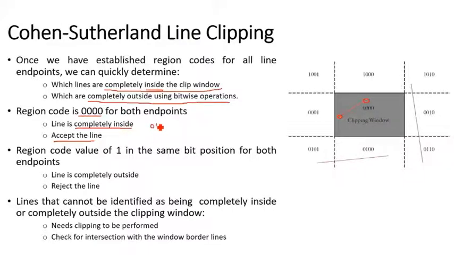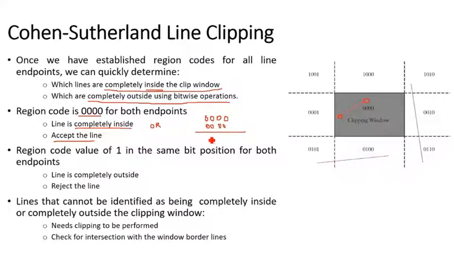If I use bitwise OR operation, then since both the outcodes of the endpoints will be 0, the bitwise OR will always give me 0.